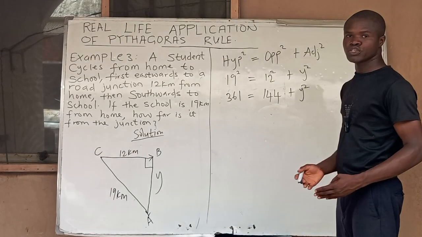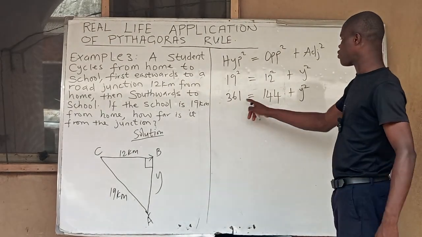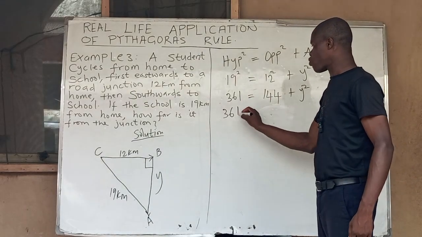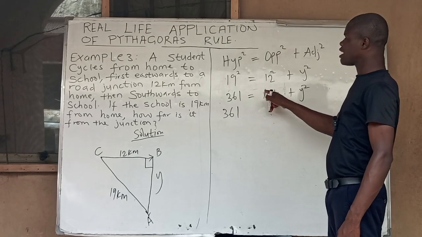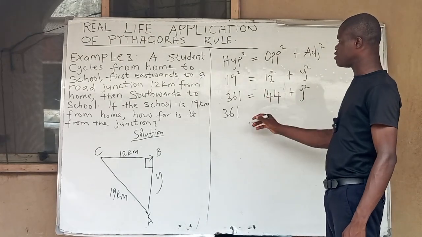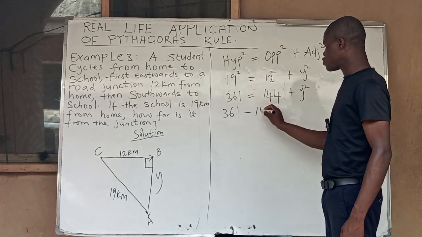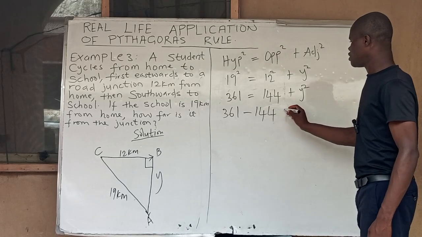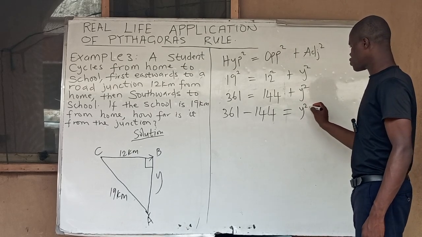So the next thing to do is to collect like terms. It becomes 361. 144 here is positive. If it crosses the equal sign, it becomes negative. Minus 144 is equal to y squared.